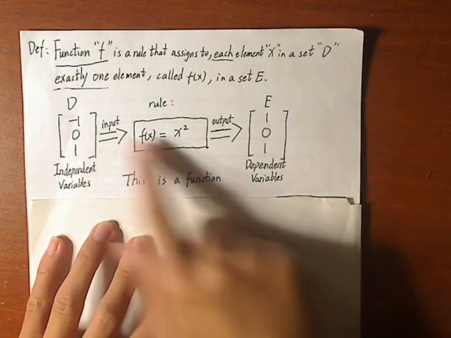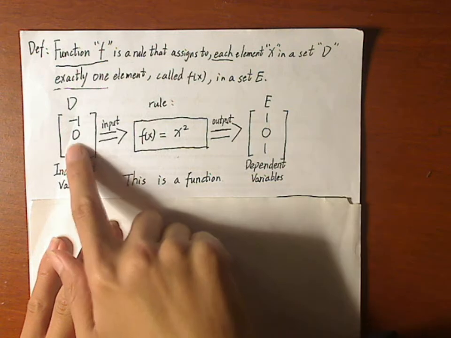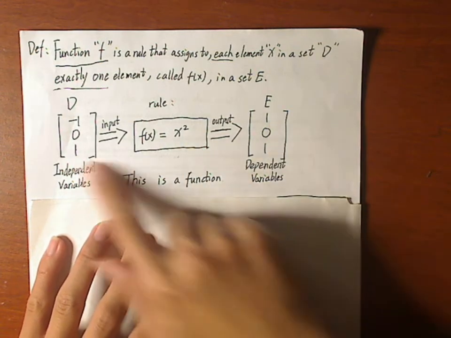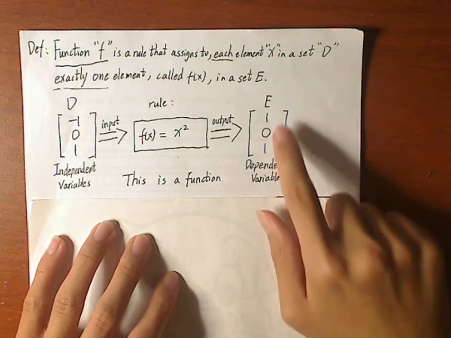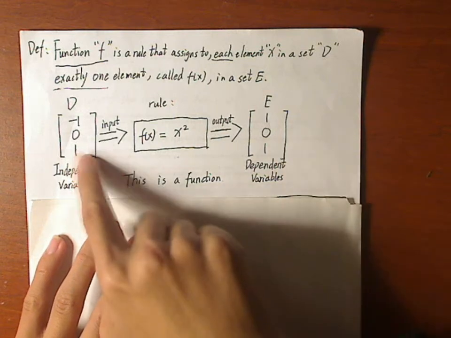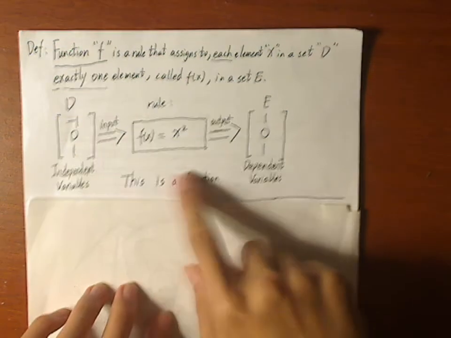If I put -1 in, -1 squared gives me 1. If I put 0 in, 0 squared gives me 0. If I put 1 in, 1 squared gives me 1. You can see that E is a number calculated based on D. It's a result of D by following this function.